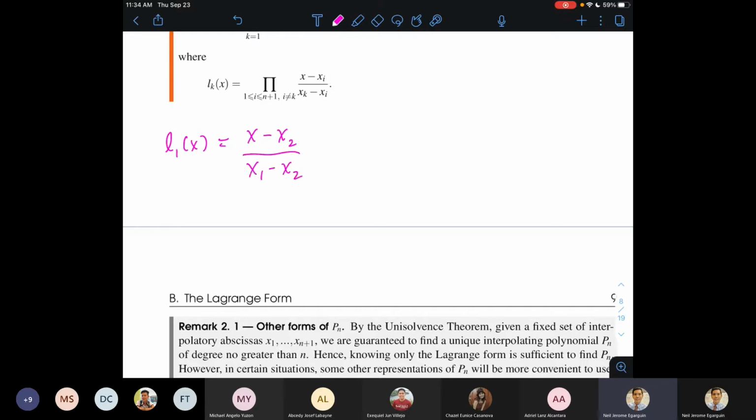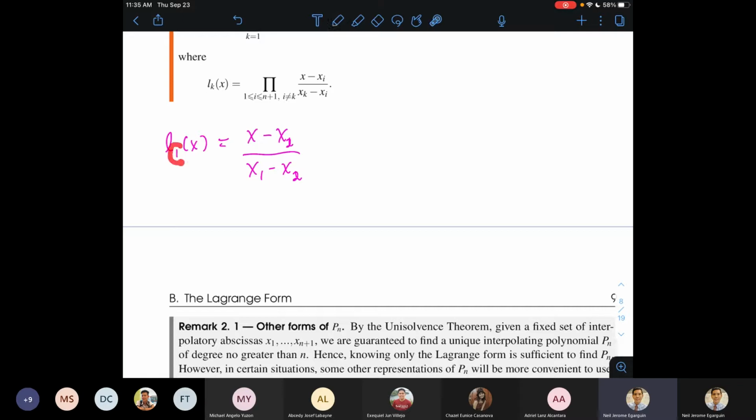And you will see the problem right away why I cannot include the factor with numerator x minus x1. Because the pattern here is I'll just replace the x in the numerator by x sub k. So if you will insist on including x sub 1 here, you would have x minus x sub 1 in the denominator, which is clearly undefined. So that's why we start the product at x2, so the first denominator would be x1 minus x2.